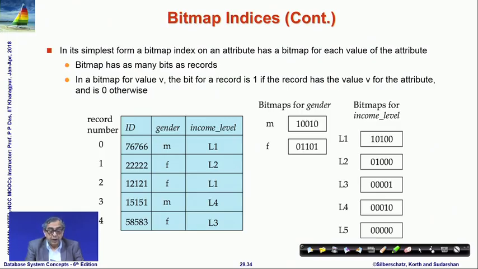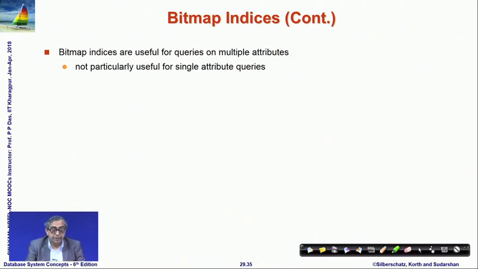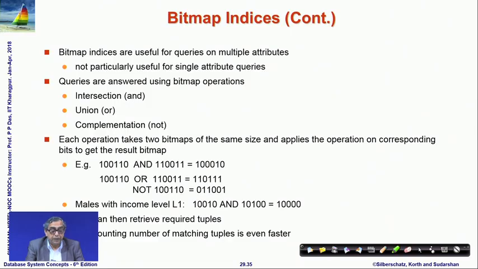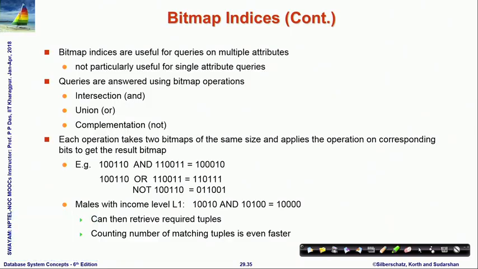Now, the big advantage of bitmap indices is in doing queries on multiple attributes. For example, queries often have intersection and union, and they can be simply computed in terms of bitmap operations. If you have 2 conditions to check in terms of bitmap indices, then you can just take their AND and whatever satisfies.